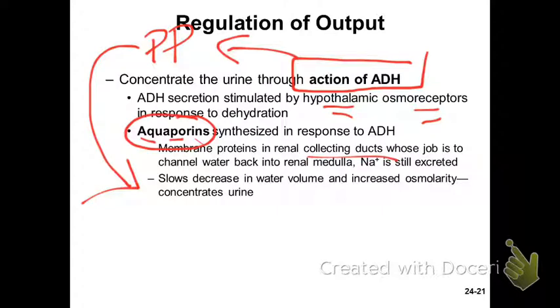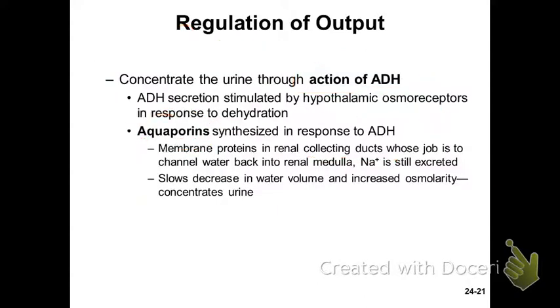The collecting ducts now make more aquaporins. Those aquaporins allow the kidney to reabsorb even more water. Even more water. And this is going to decrease the water volume and increase the osmolarity and, in a sense, concentrate the urine.